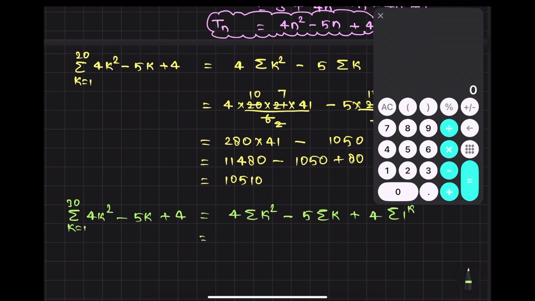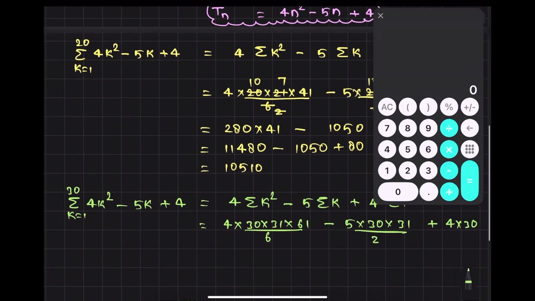Here also we will apply the same idea. We got 4 times 30, 31, 61 by 6 minus 5, 30, 31 by 2 plus 4 times 30.